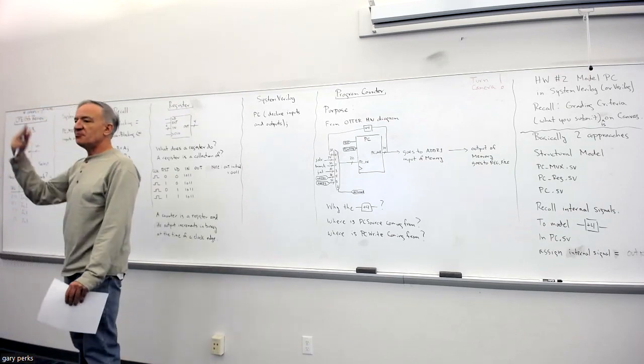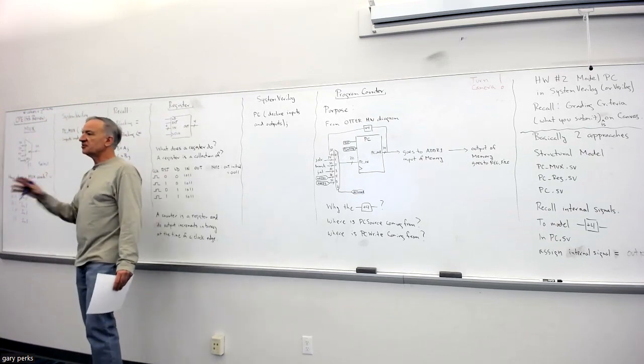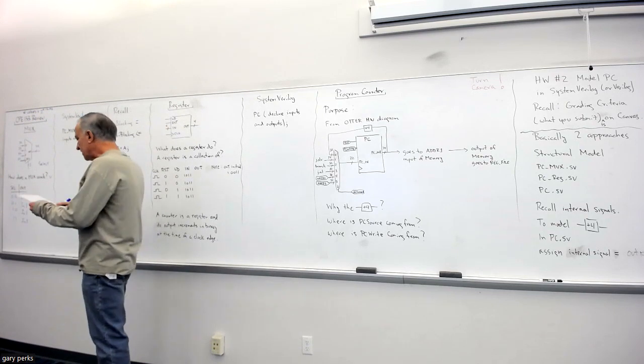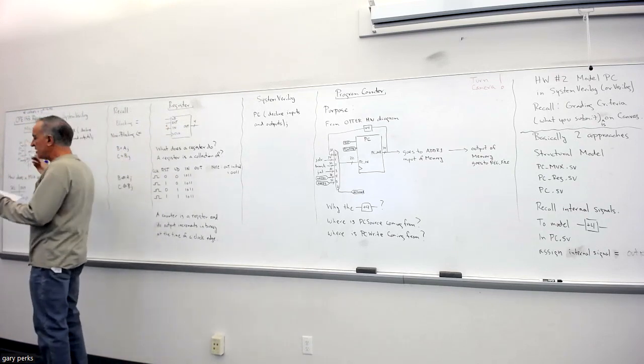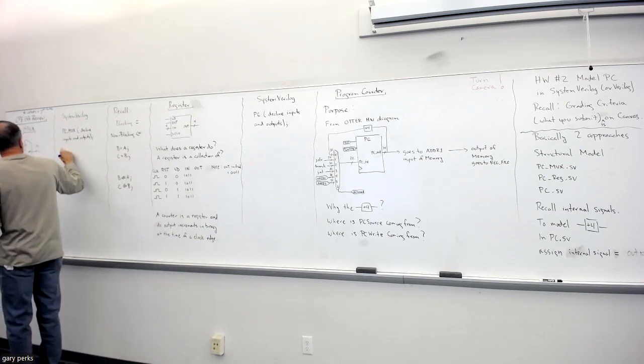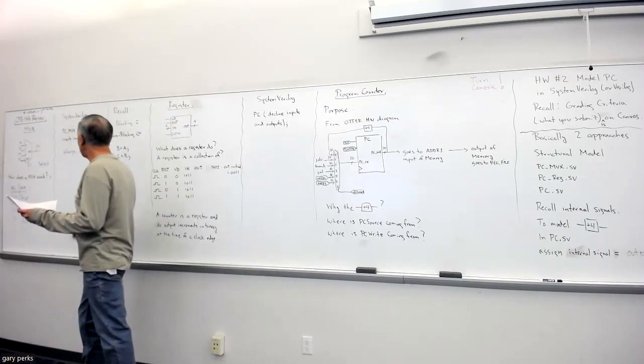Exactly. So memory, sequential, clock. If you don't have a clock, it's combinational. There's no memory. So in SystemVerilog, if you have a combinational logic circuit like a mux, you're going to use an always_comb block.